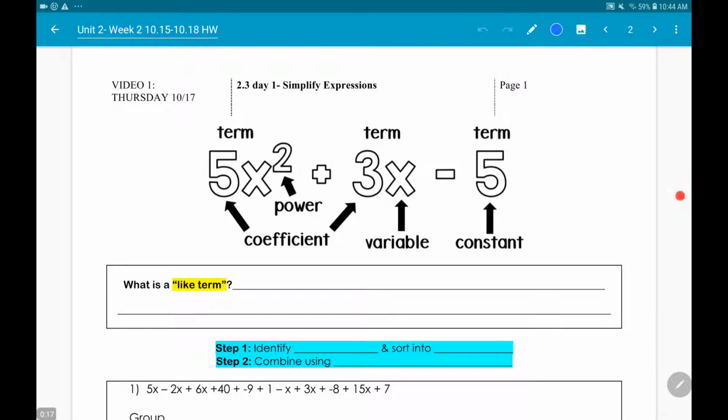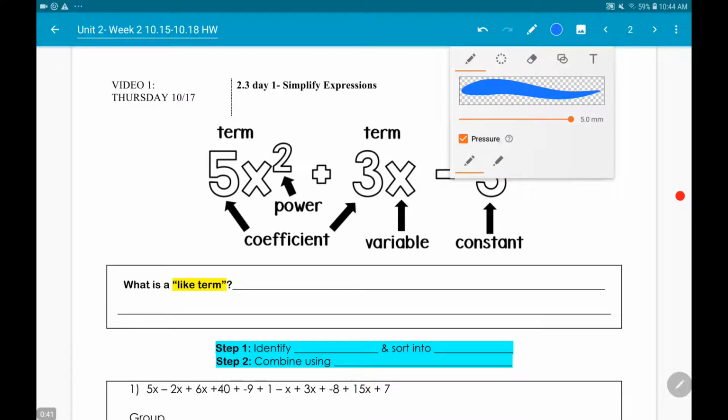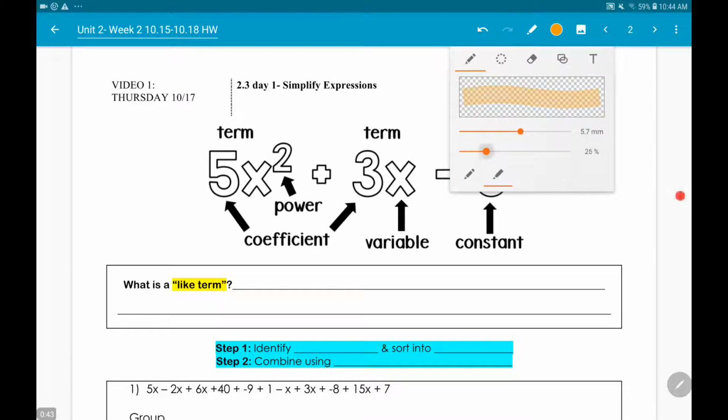So when I have an expression, I have things called terms. So I see here that I have 3 separate terms. Now within those terms, I have things called coefficients, powers, variables, and constants. So a coefficient, I'm going to color this in, is the number before the variable.